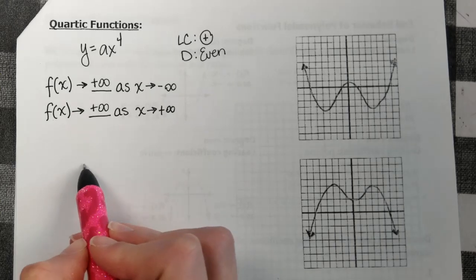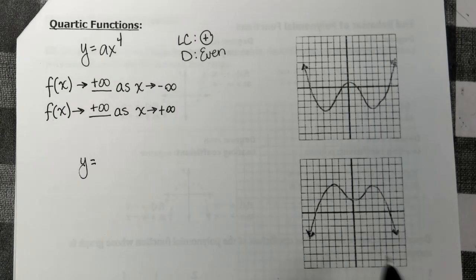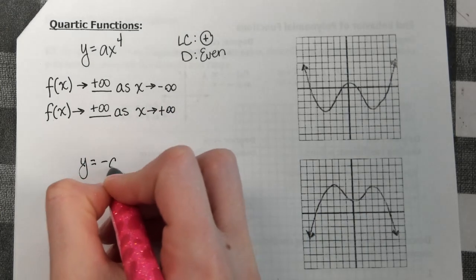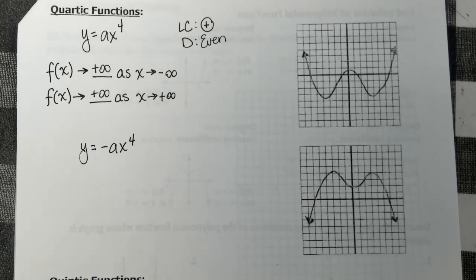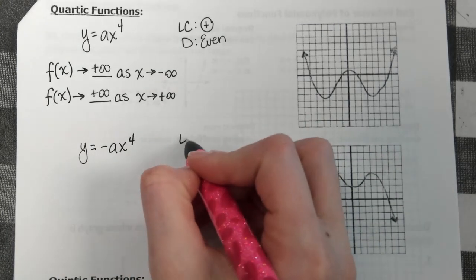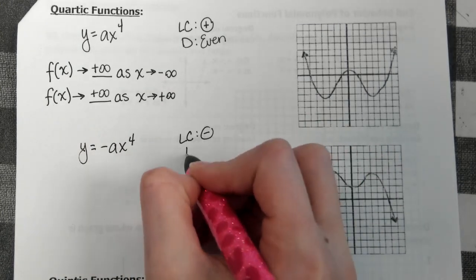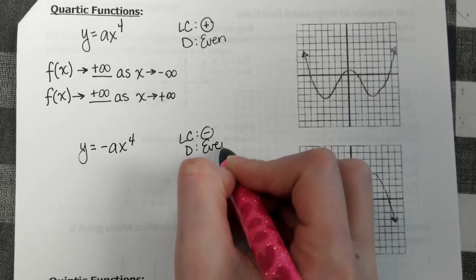So what do you think I'm going to write, y equals what, for this next graph? Negative a x to the fourth power. So now my leading coefficient is negative, but I still have an even degree.